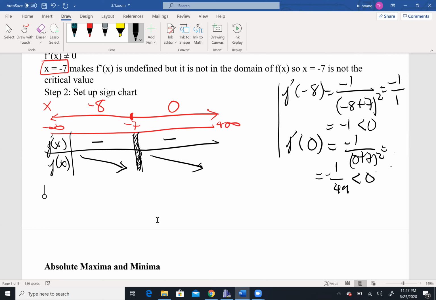So you will not have any relative extrema.